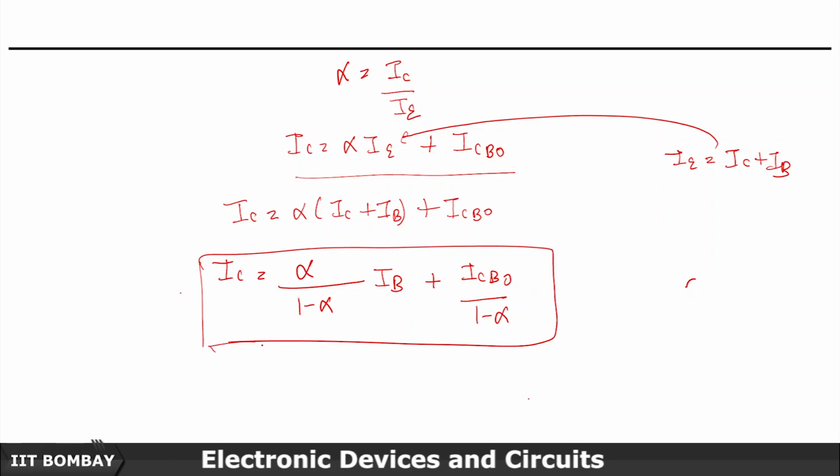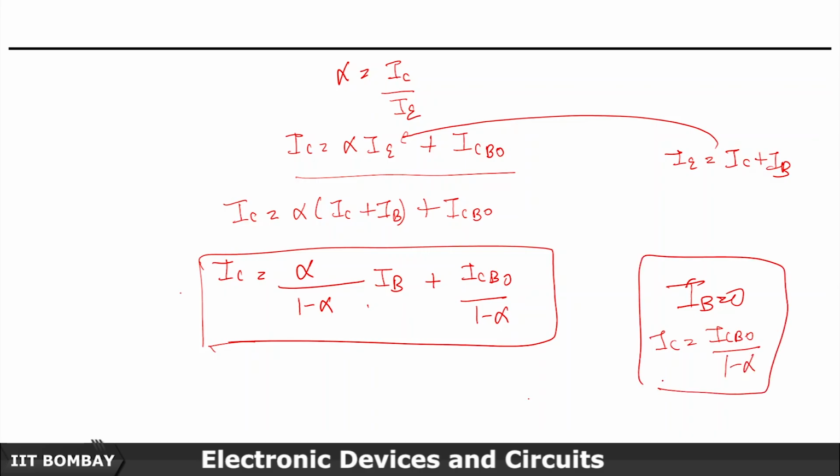Now let's discuss the first case of the output characteristics, when IB is 0. Still, IC will be ICBO divided by 1 minus alpha. And this alpha, let's say, is fairly close to 1, so this term can be significantly higher.